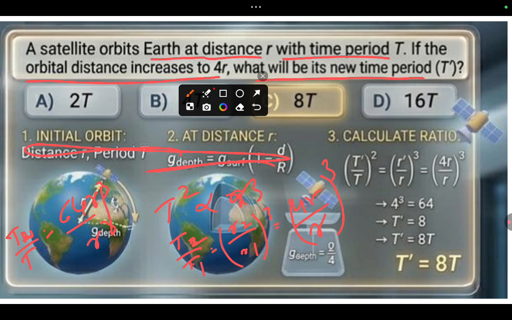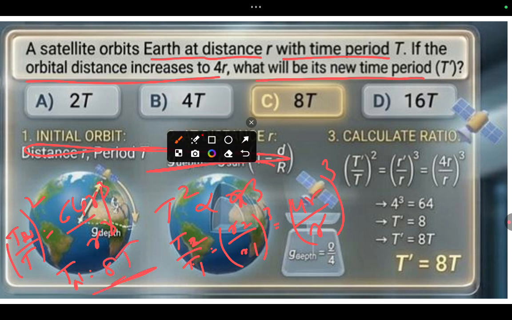Squaring, T new equals the square root of 64, which is 8, times T. So your answer is 8.